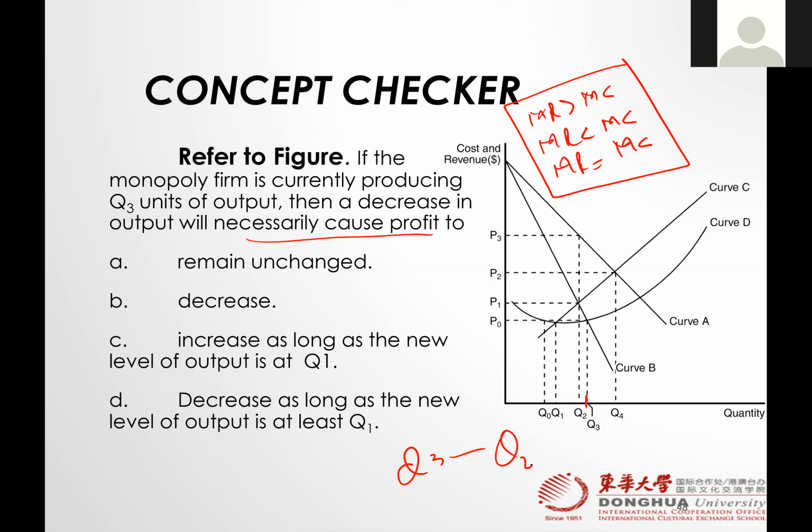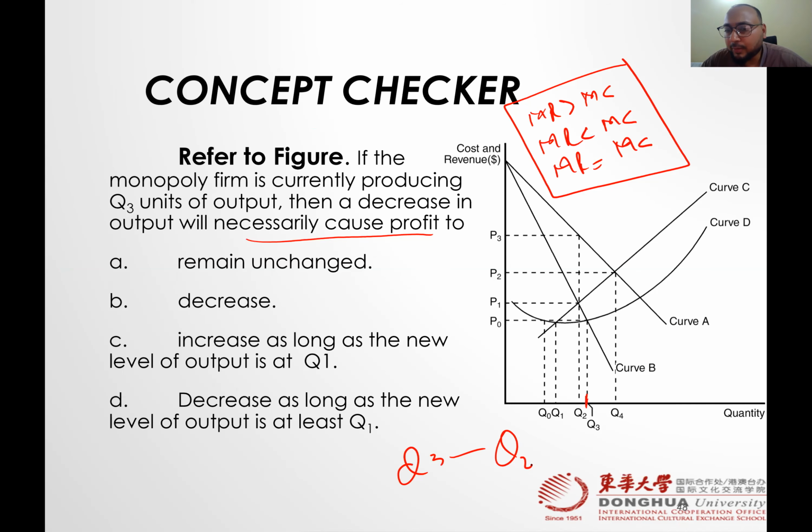So I'm a bit confused. Profit going to increase as long as the new level of output is at... wow, decrease. The profit will decrease as the new level of output is at least here. Because at Q1, this part has nothing to do with that. Just ignore that one.